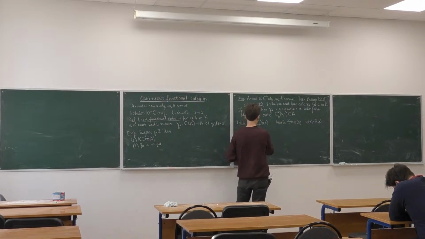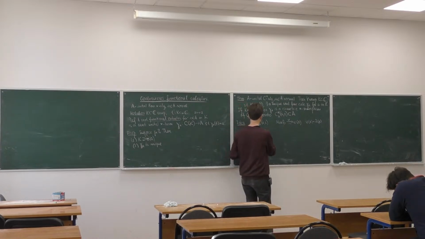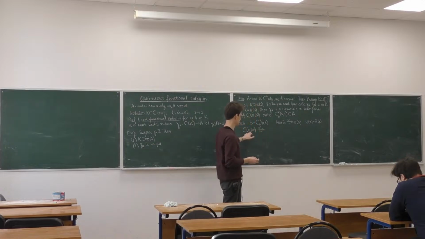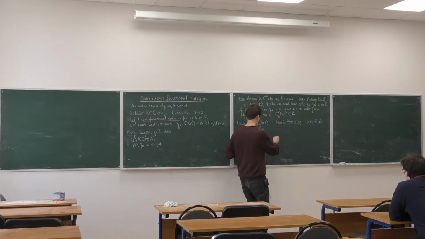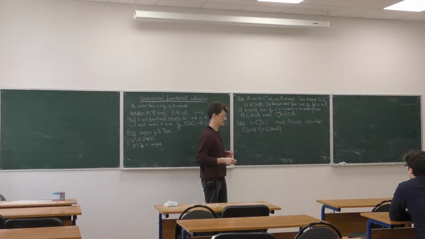First of all, this homeomorphism phi induces an isometric star isomorphism between the algebra of continuous functions on the spectrum of our element and the algebra of continuous functions on the maximal spectrum of B. And this is an isometric star isomorphism.